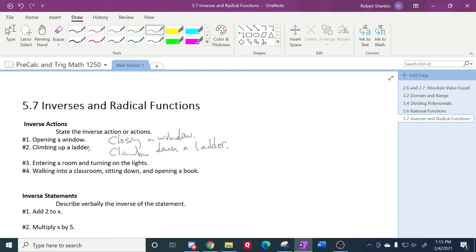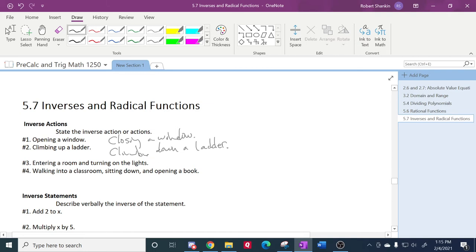Okay, group four. What do you have for this? What's the inverse of this? Turning off the lights and exiting the room.